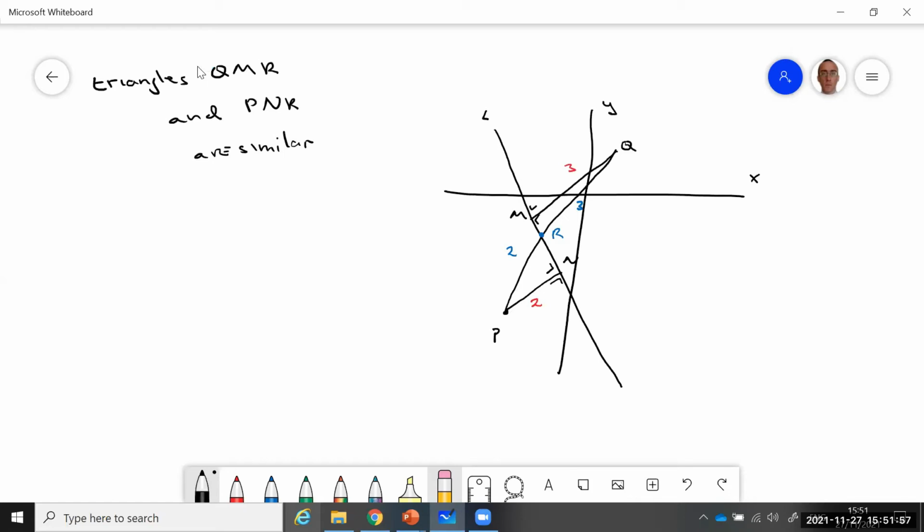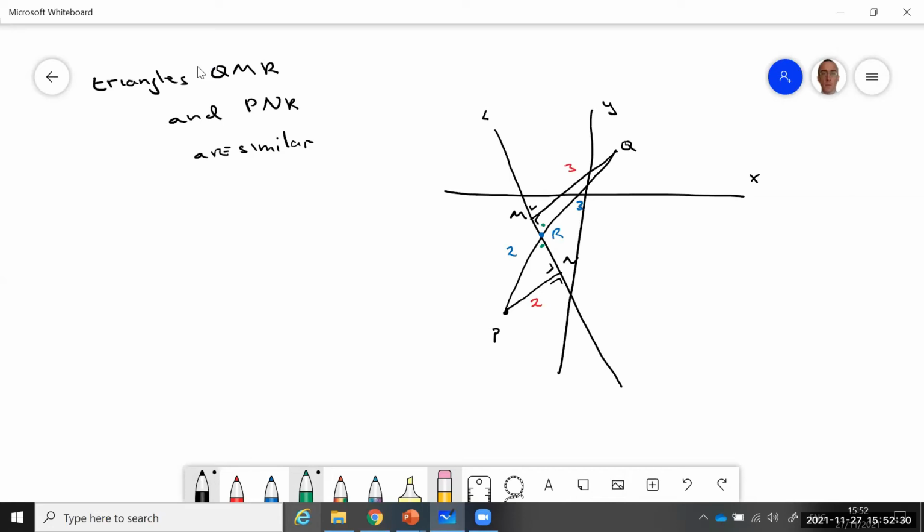So this angle, let's draw that in green. That angle there would be equal to that angle there because they're vertically opposite. In the lower triangle, the side opposite this is 2, and the side opposite the green angle in the upper triangle is 3.